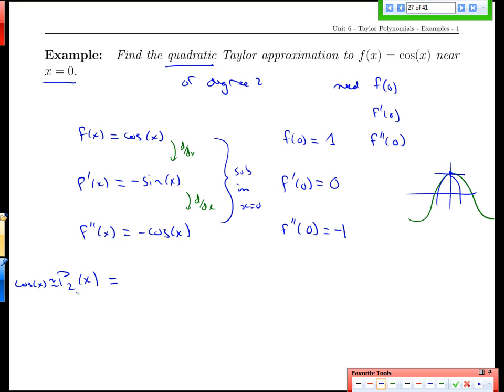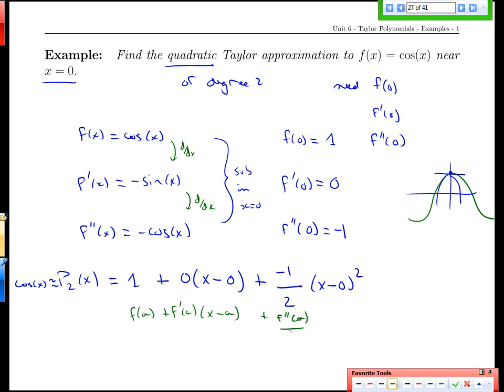So cos of x is approximated by this quadratic, which is exactly f of a, so that's just 1, plus f prime, that's 0, times x minus a, our a is 0, plus f double prime, minus 1, over 2, times x minus 0 squared. Plus, last but not least, f double prime of a over 2 times x minus a squared.